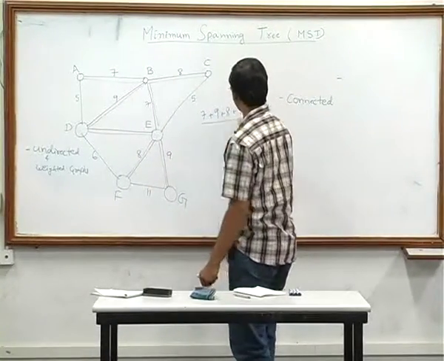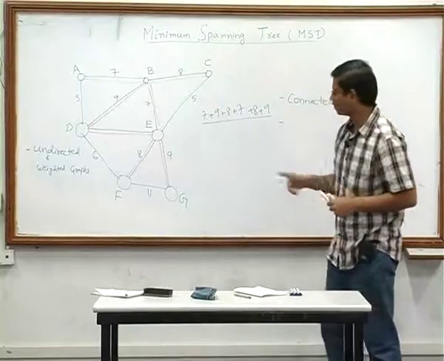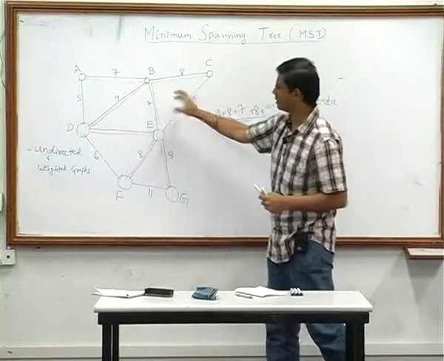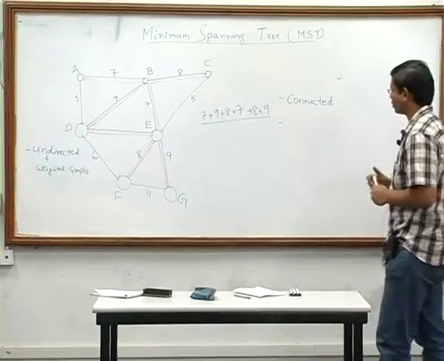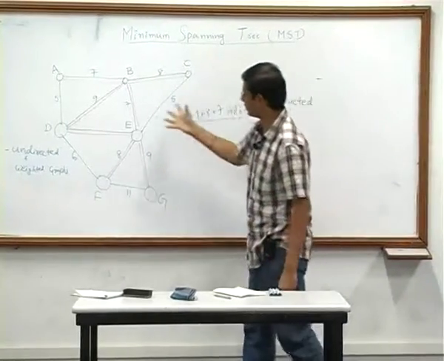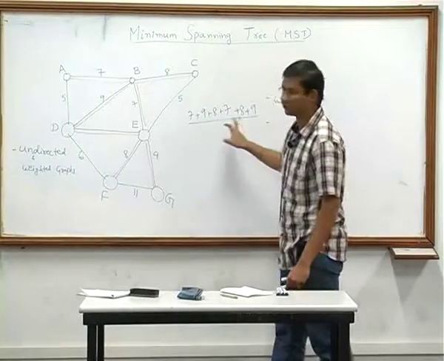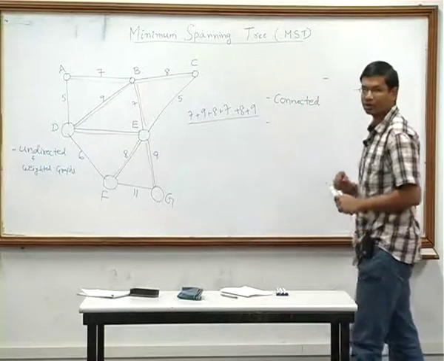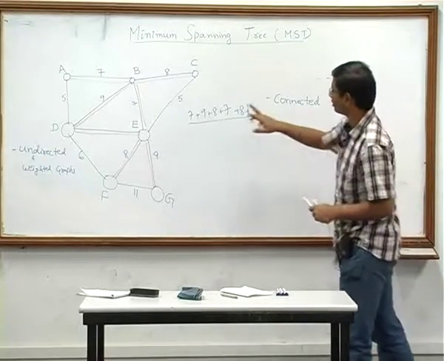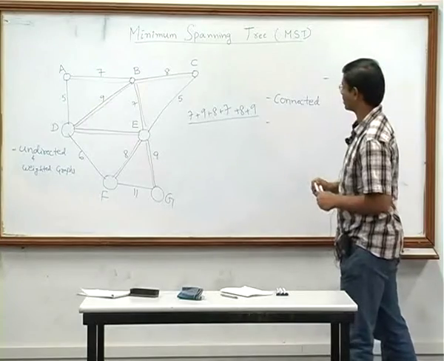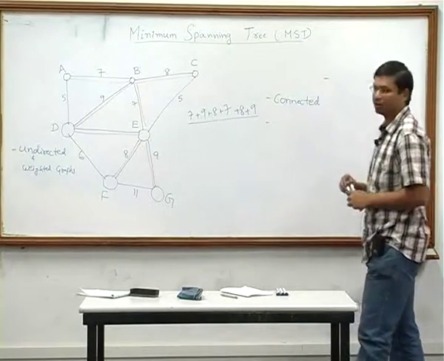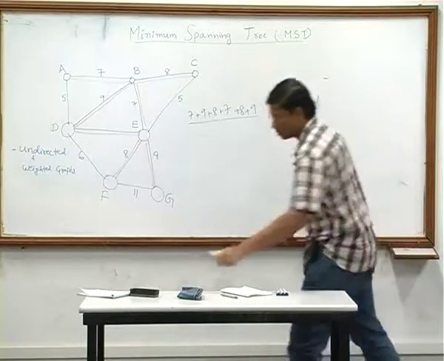Okay, so this is the cost that is incurred if we select these red edges. Okay, so now the problem is select some edges such that the sum of the weights is minimized, and you also have to make sure that any two vertices are connected by following only that set of edges. Okay.